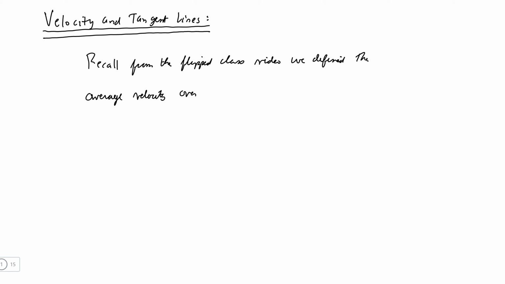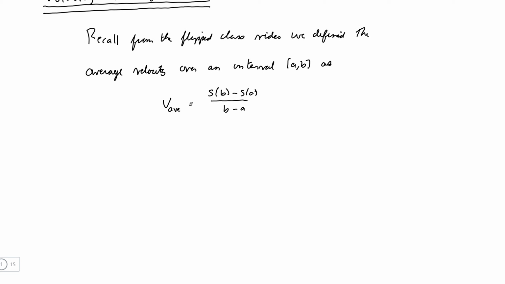Over an interval, say a to b, we can write this as v sub average, so AVE stands for average. This is S of b minus S of a over b minus a, if y equals S of t is the position function.